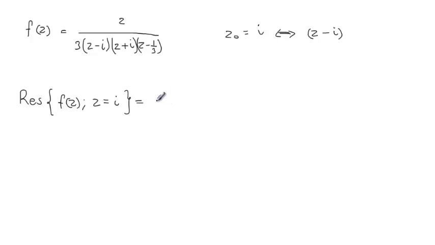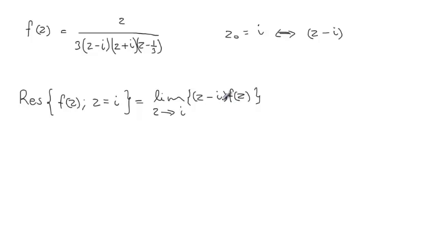This will be equal to the limit as z approaches i of (z − i) multiplied by f(z). Now at this stage we're going to move a bit quickly. If we take this factor and multiply, this factor and the same factor in the denominator will simplify to 1.